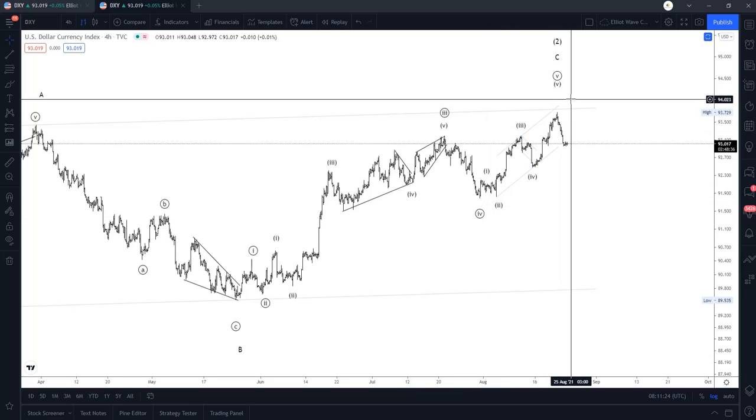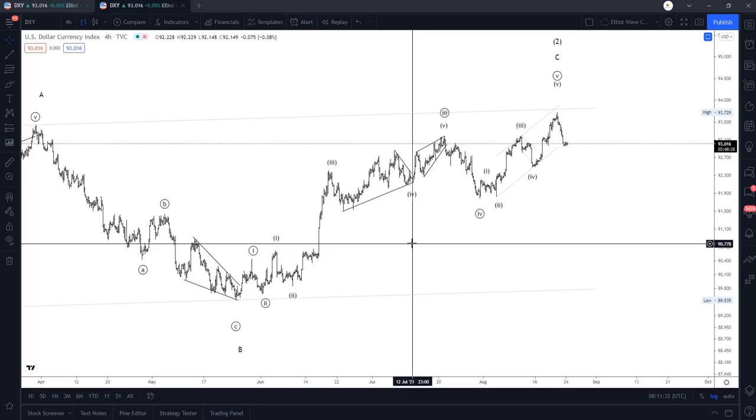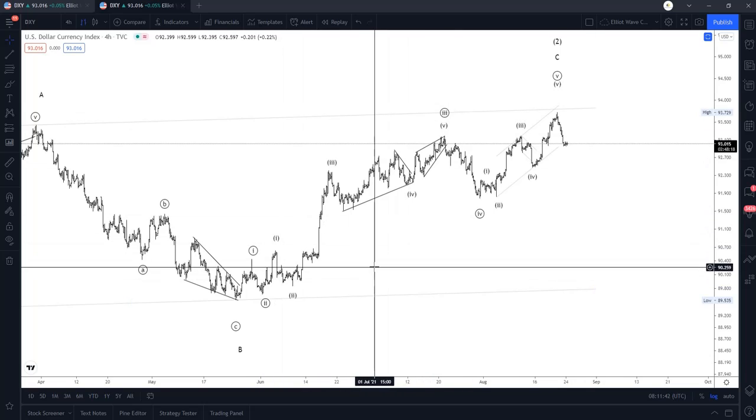Now, the most important part of this structure is the fact that all the characteristics, rules, and guidelines fit the wave principle to perfection. So we can't say that this is an incorrect way of doing it, because as far as we're concerned, the rules and guidelines fit perfectly.